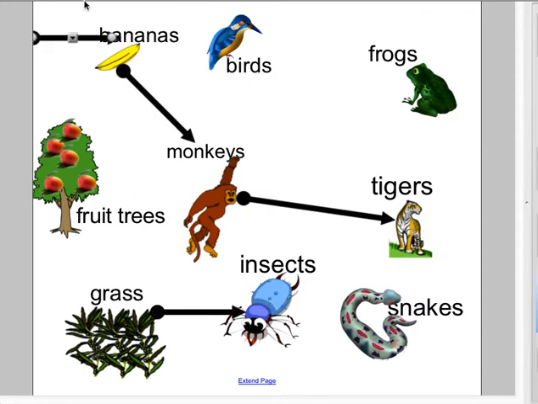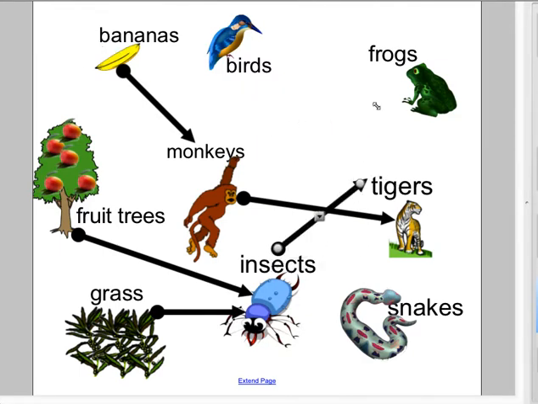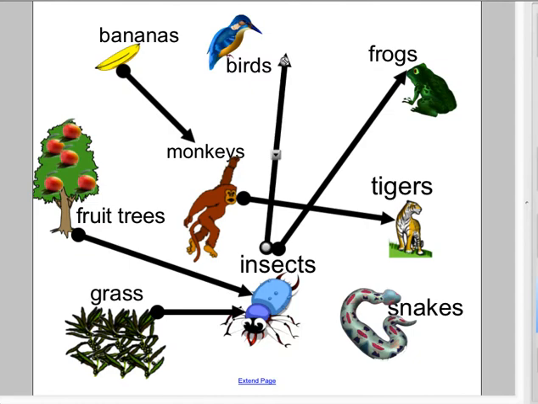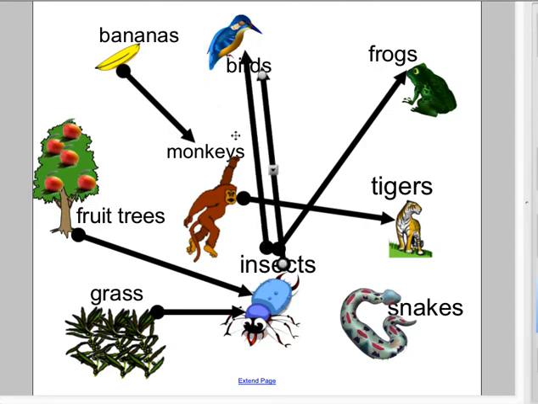But the insects also might want to eat the fruit in the trees, right? So the energy is flowing there too. And what eats them? Well, they might get eaten by the frog. And also, they're probably getting eaten by the bird as well, right? Perhaps even they get snacked on by the monkeys. So the energy is flowing towards those consumers that are eating the insects.